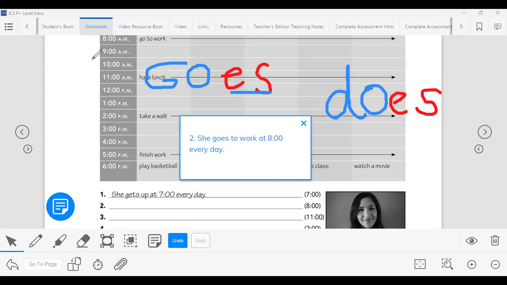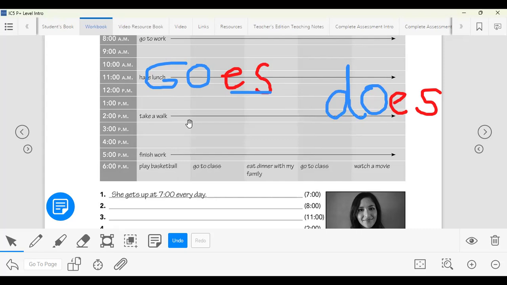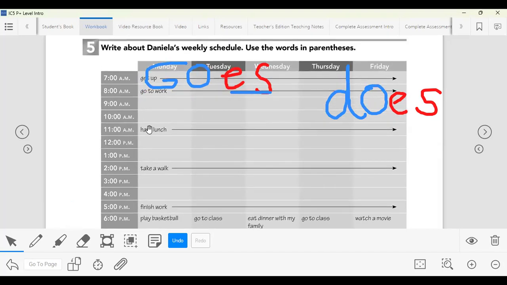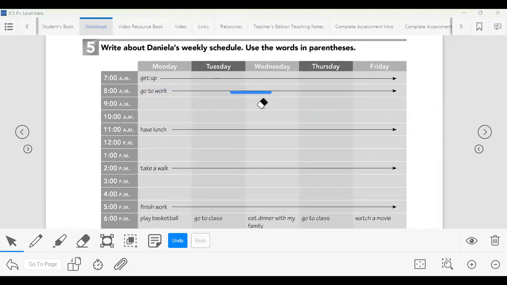Okay, that's correct. So number 3, at 11 o'clock. She has lunch at 11 o'clock every day. Okay, that's correct.